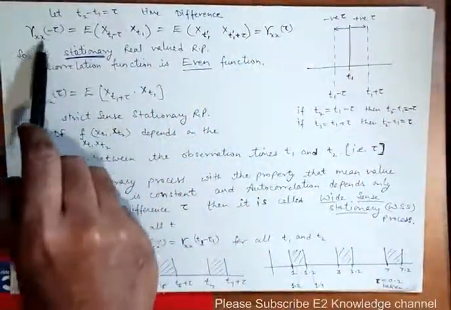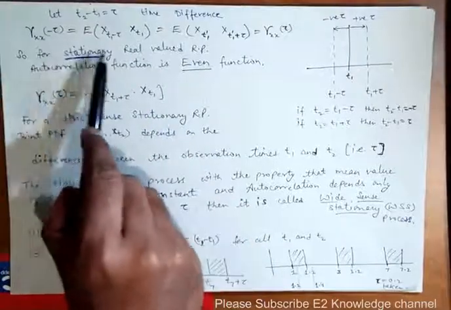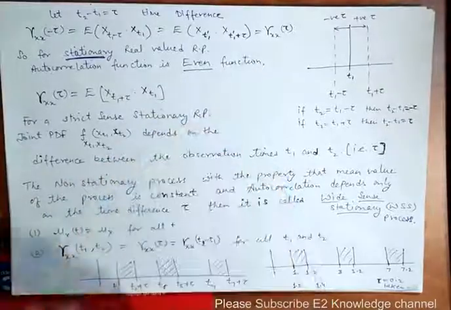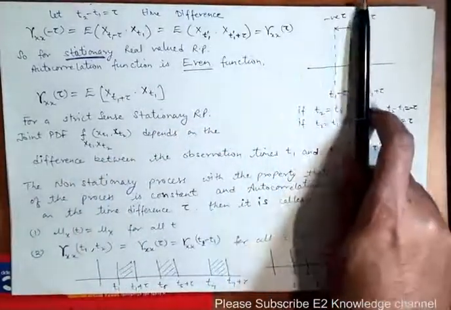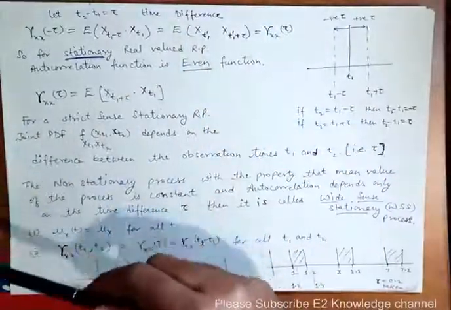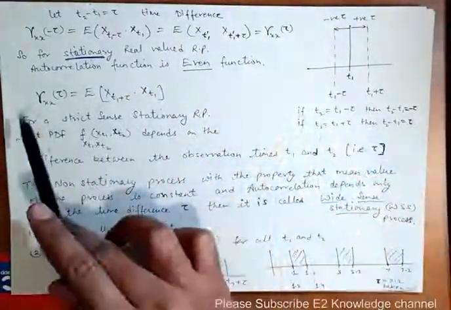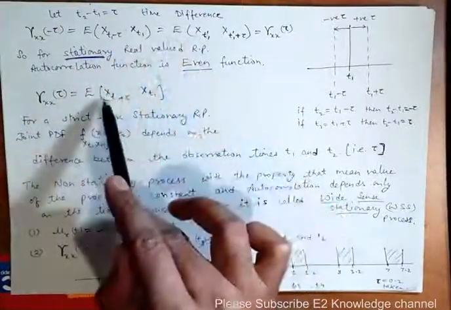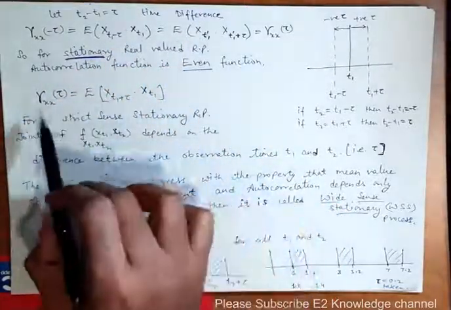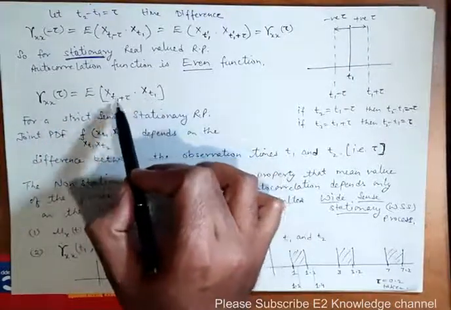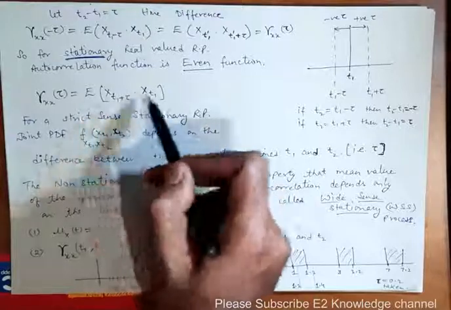So for a stationary real-valued random process, the autocorrelation function is an even function, behaving evenly from any point. This is the generalized expression: gamma xx(tau) is equal to E of x(t1 plus tau) into x(t1), that is, first is t1 plus tau, second is t1, or vice versa.